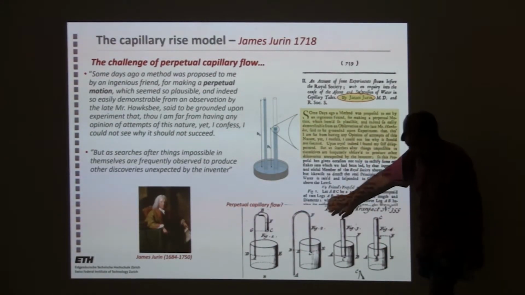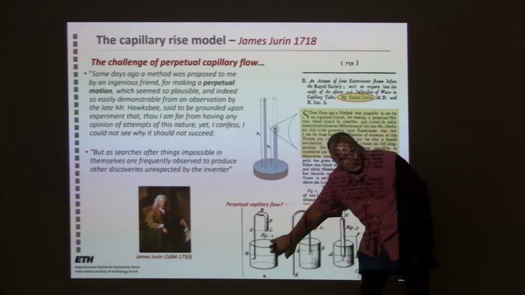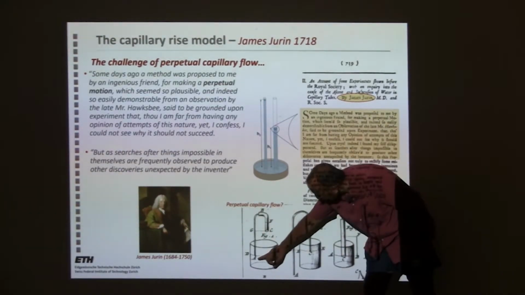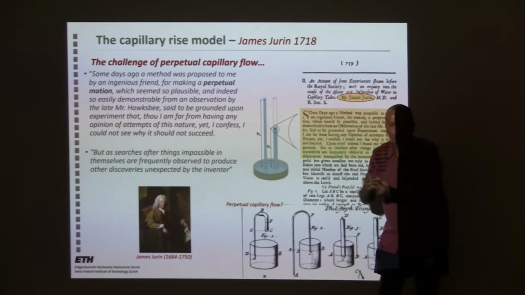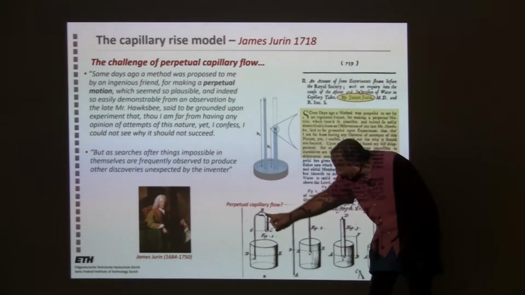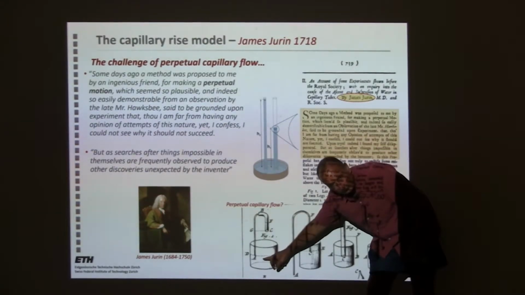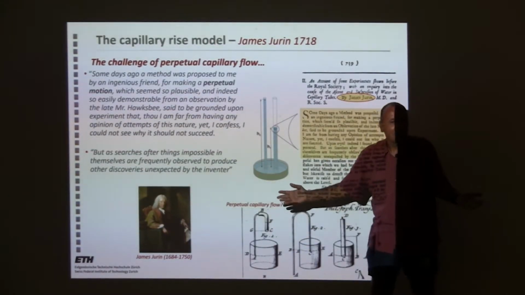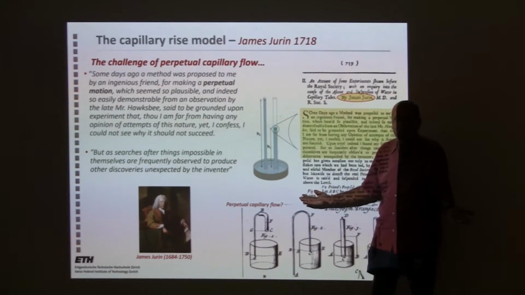So this is the setup that his friend was suggesting. Take a capillary, stick it in water. Water will rise in the capillary, and if you bend it, it will drip back into the water. He was thinking, it's got to work, right?